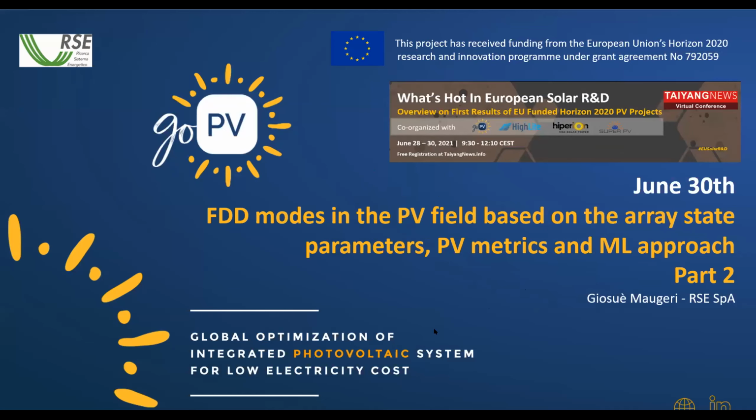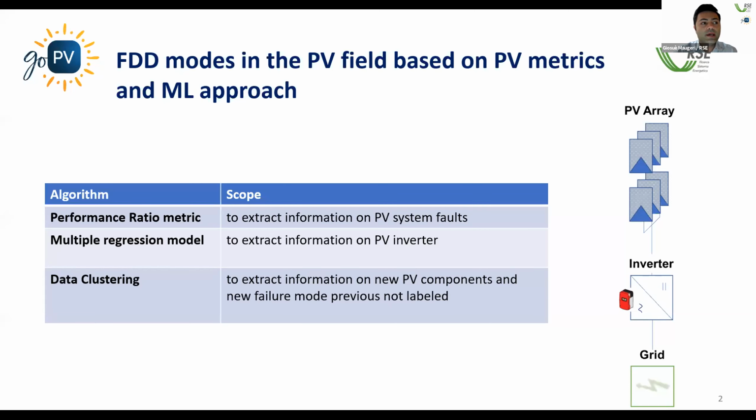Yes. So thank you also, José, for the introduction to this second part of the presentation. In my presentation, I'm going to talk about fault detection diagnosis algorithms that are based on three main algorithms that have been developed having three different scopes.